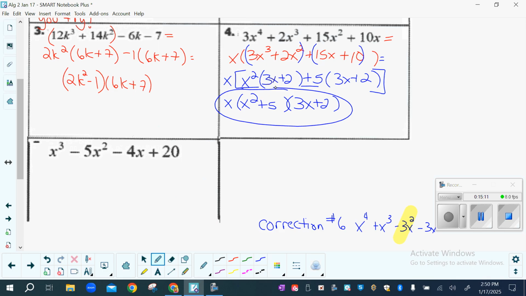So last one. Okay, last one, pay attention, this is another twist.